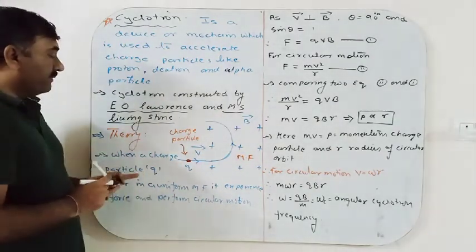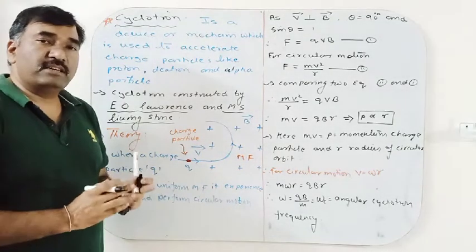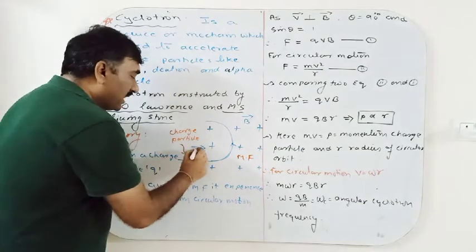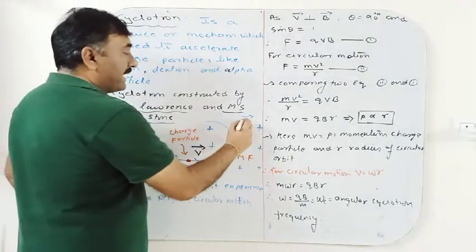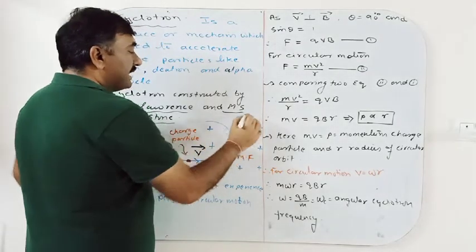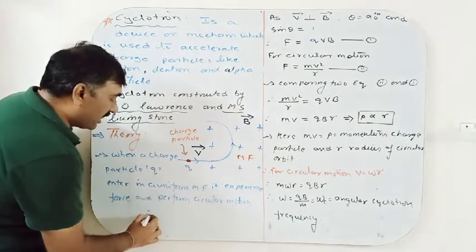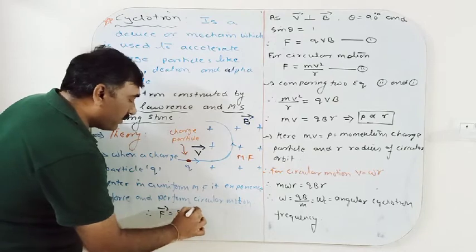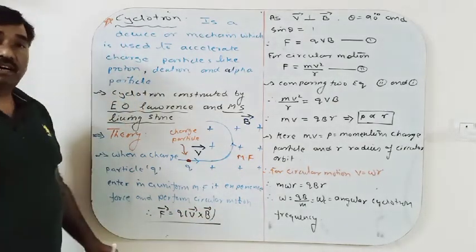In theory, when a charged particle q enters perpendicularly into a uniform magnetic field B with velocity v, then it experiences a force. And how much is the force acting on the charged particle? That we know, F is equal to q v cross B. This is the formula for the force acting on the charged particle.